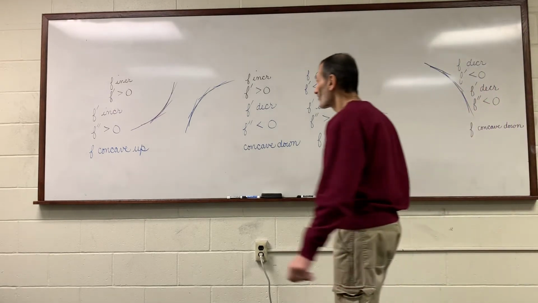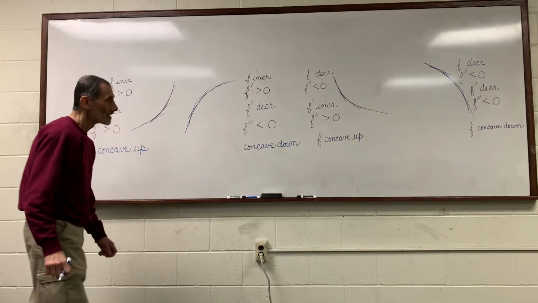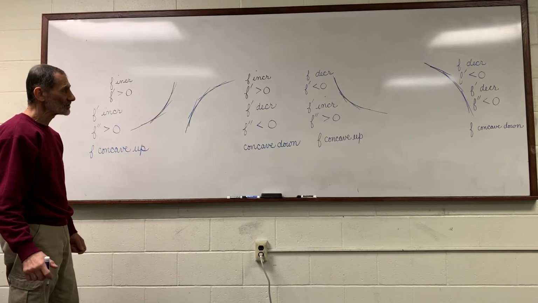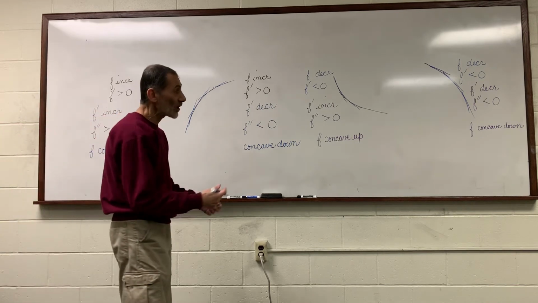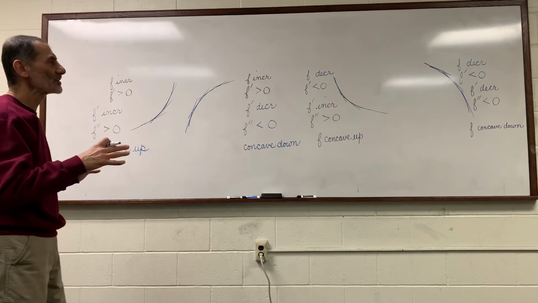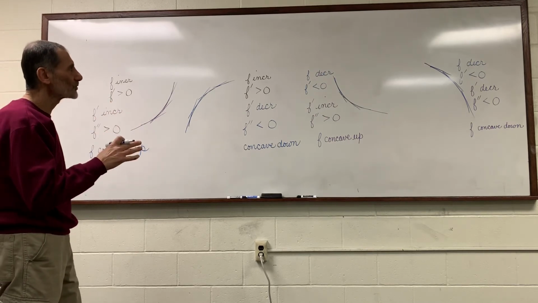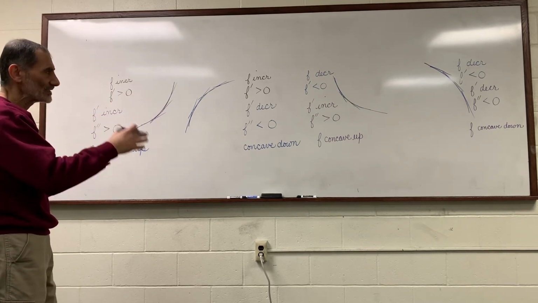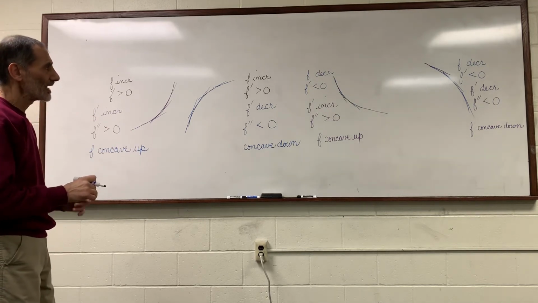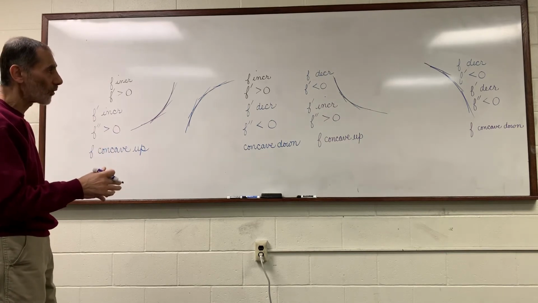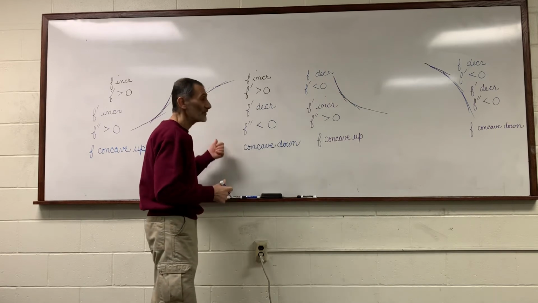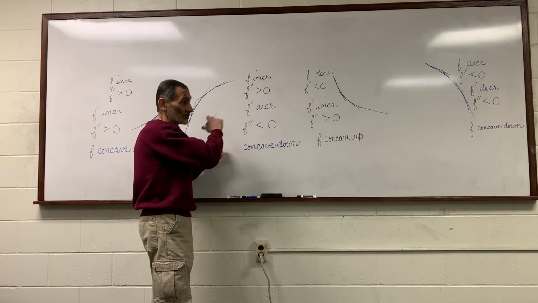Now, what happens in functions frequently is that the concavity will change. Remember, consider the analogy between the first derivative and its increase and decrease of the function and the second derivative and its increase and decrease of the slope. Another analogy is that where the first derivative equals 0, you could have a change.